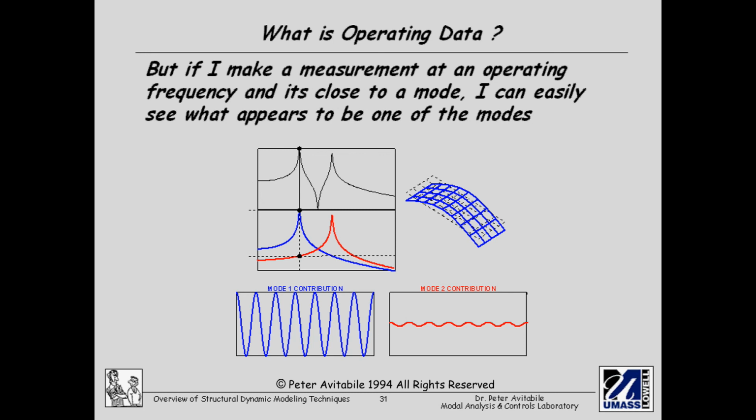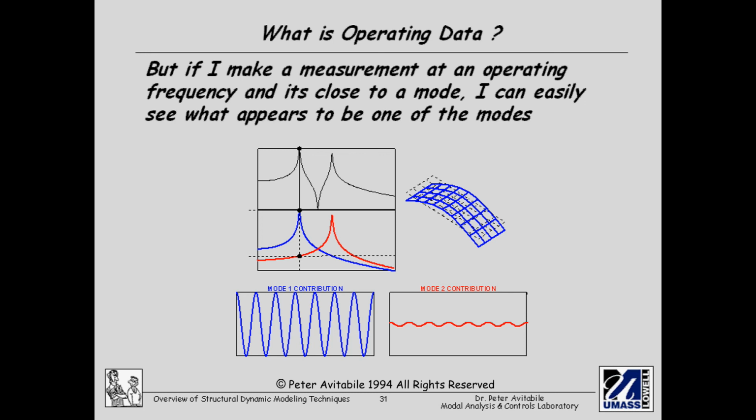Let's say that I had a sinusoidal excitation that was right at the first resonant frequency of the system. Well, then what's going to happen is I'm going to measure an operating deformation shape, and since I'm close to the resonant frequency or right at the resonant frequency, I'm going to see a deformation pattern that's highly dominated by the first mode of that system.